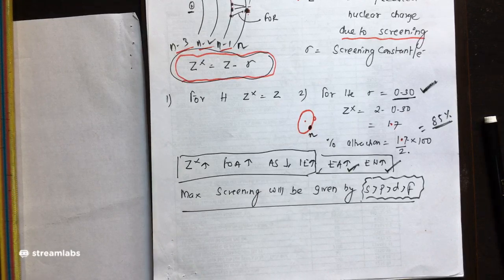S orbital or d? S is present near the nucleus, with more attraction, so the entire power of that attraction will be utilized in repelling the test electron. So the maximum screening will be provided by s, then p, then d, and then f. Many questions come in inorganic, like aluminum and gallium, abnormal size, ionization energy. The answer comes with the screening effect only.